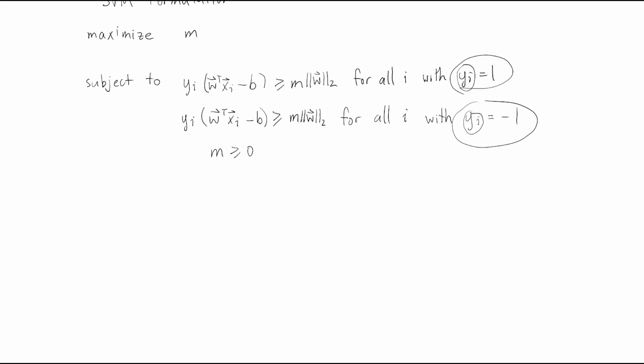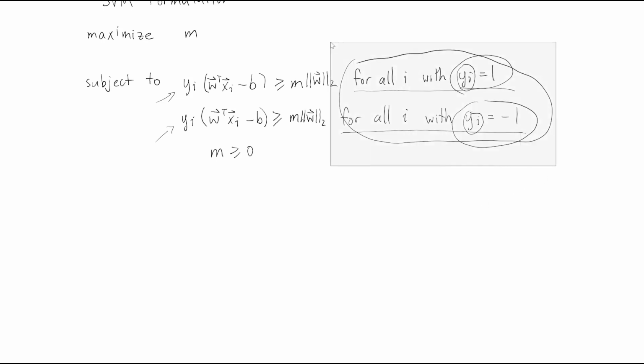Okay, so now we have the same equation. These two look exactly the same. One of them says for all i with yi equals 1. The other one says for all i with yi equals -1. Right? So it turns out that these two cases cover every case. So we can remove this condition.